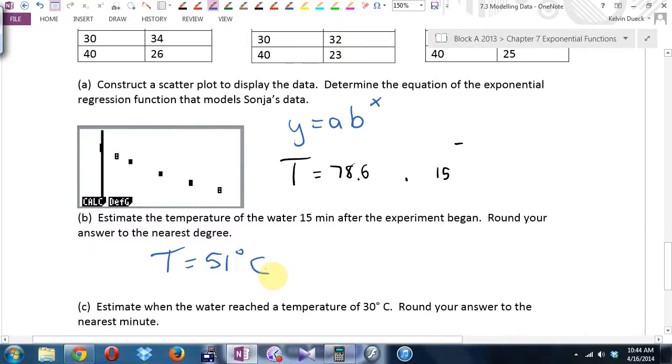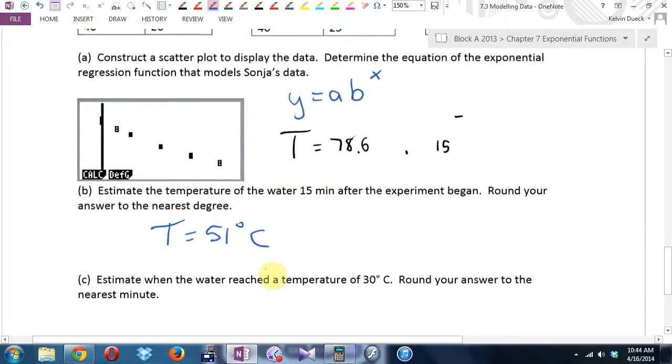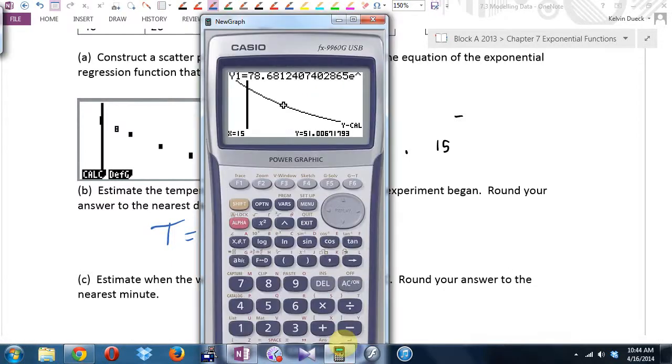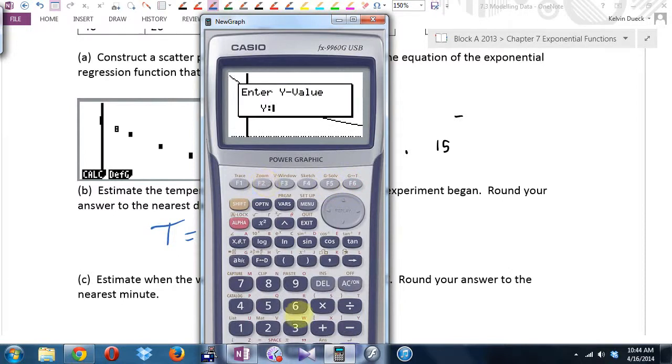C says, estimate when the water reached a temperature of 30 degrees. 30 degrees Celsius, did they give me an x value or did they give me a y value? They gave me a y value. They want me to find the x value. So I'm going to again go G-solve, but this time I want to do an x calculation with a y value of 30.